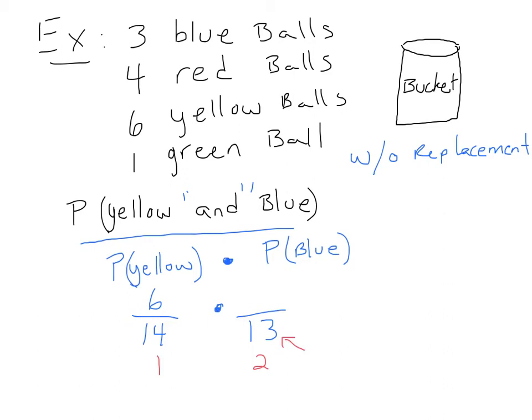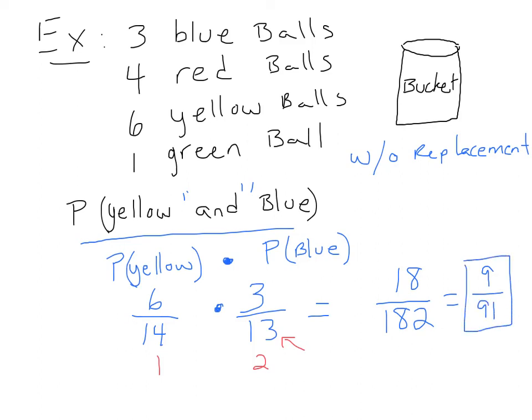And how many of those balls are blue? 3. So when you multiply these together, you get 18 over 182. And it looks like both of these have a 2 involved, so if we divide each of them by 2, we have 9/91 as our final answer.